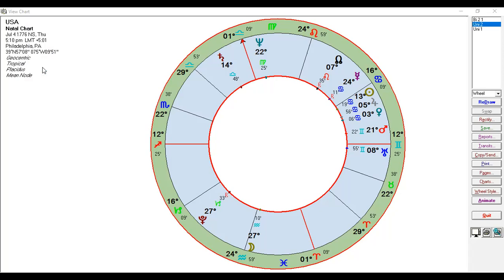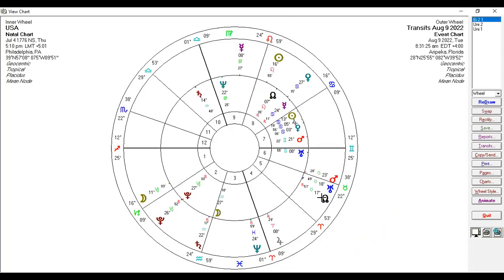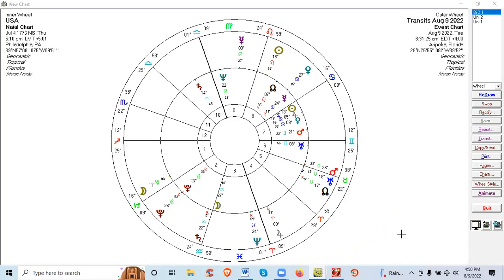United States in the outer wheel, we'll start there. Okay, so stop share, actually new share. And I think this one. All right, so if you cannot see this bi-wheel, let me know.